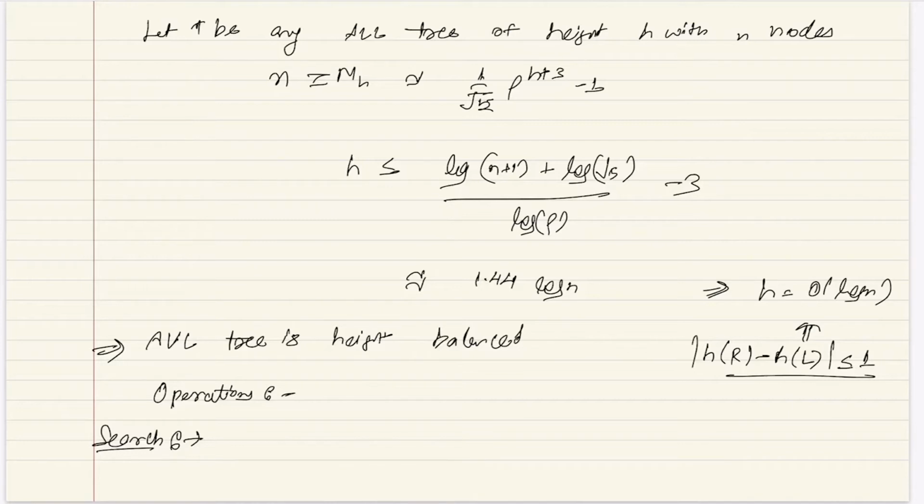So when you do search, you can carry it out exactly the same way as you were doing in a binary search tree. So search can be carried out similar to binary search trees. Fine, no change. And if the height is order log n, this will be order log n.